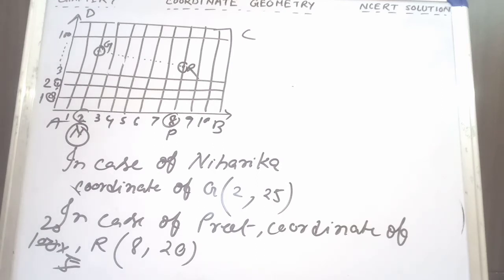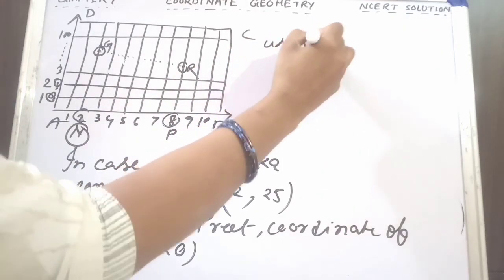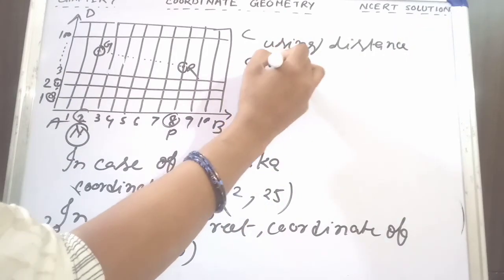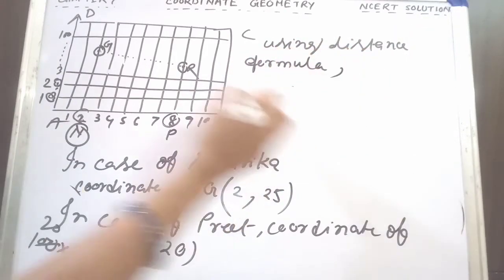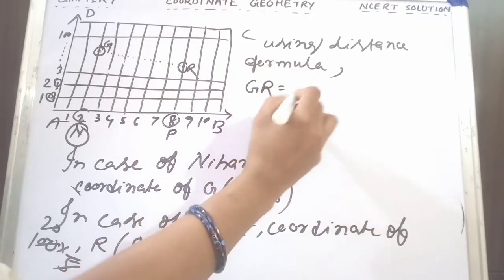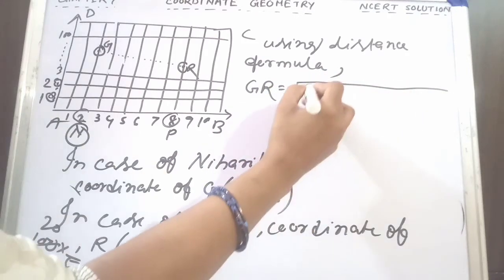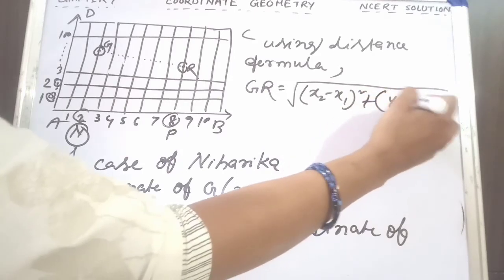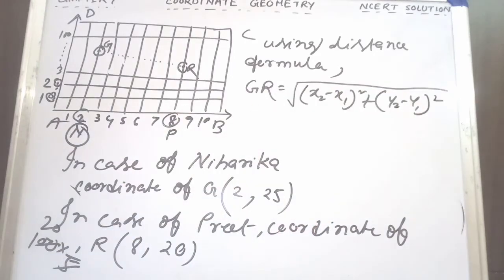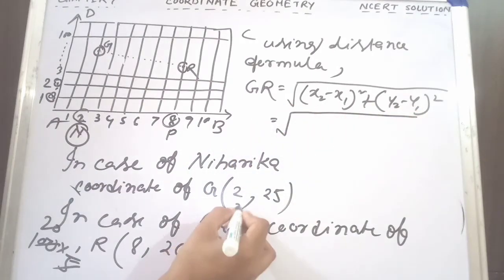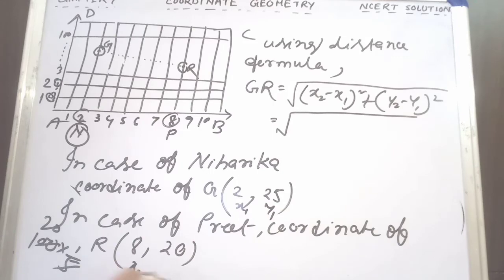Now using distance formula, you have to find the distance GR. GR is equal to distance formula, that means square root of x2 minus x1 whole square plus y2 minus y1 whole square. Suppose this is x1 y1 and this is x2 y2.